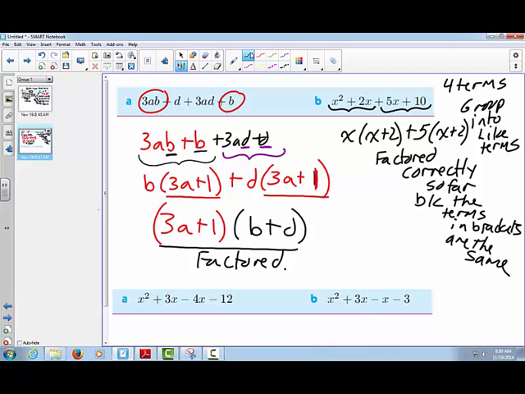What I mean by that is there's x plus 2 and x plus 2. So I can factor that out, x plus 2. And what I'm left with, x plus 5, goes in the other set of brackets. Then I'm finished.